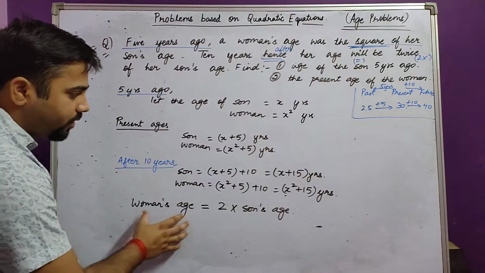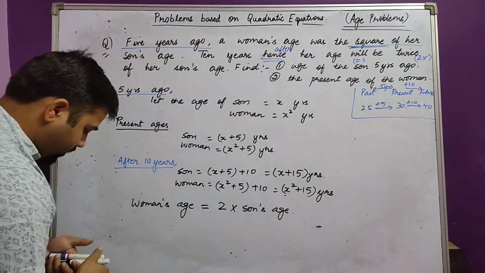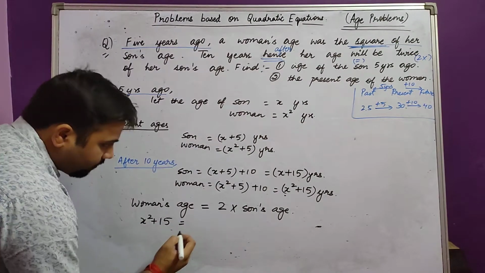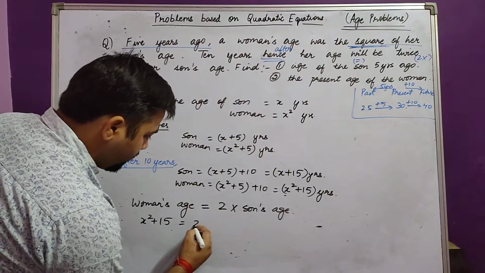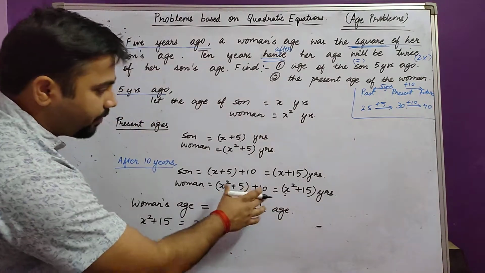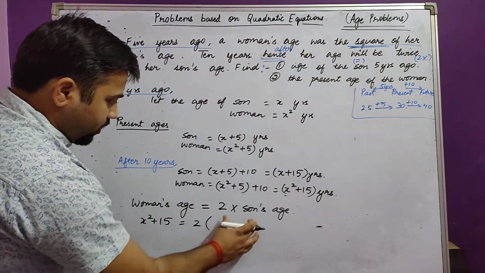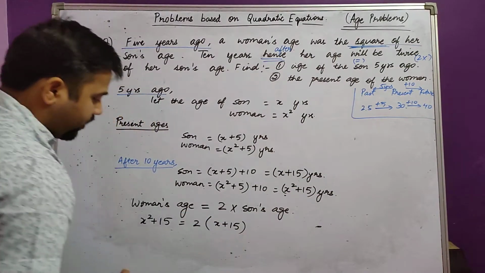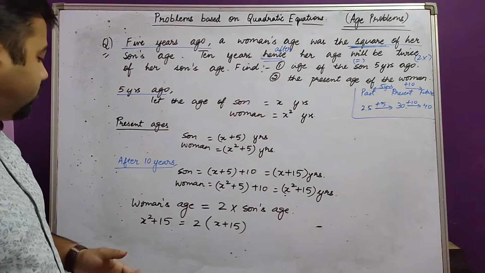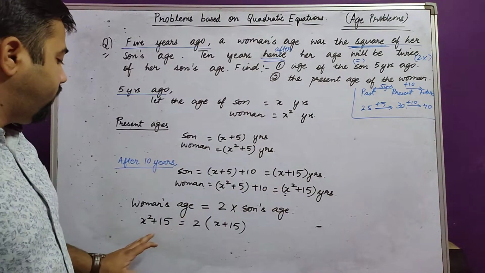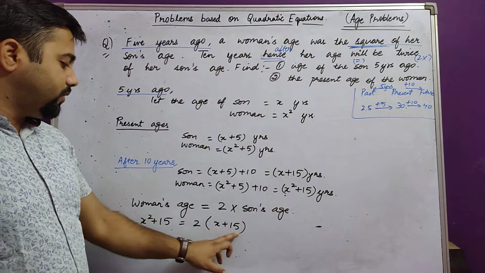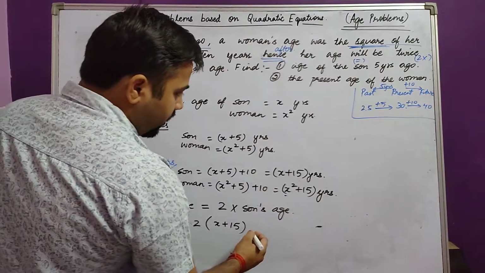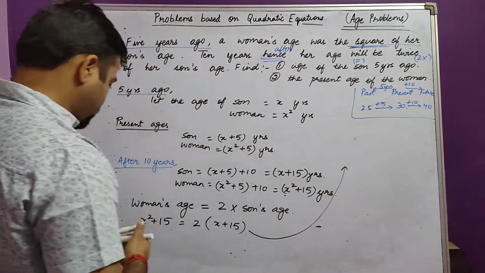What is the woman's age now? x square plus 15, and 2 will be written. Then you have to put a bracket because there are 2 terms. Son's age is x plus 15 now. Check whether we have put the right values or not. Woman's age x square plus 15 and son's age x plus 15. 2 is outside over here. Now we have to solve it further.